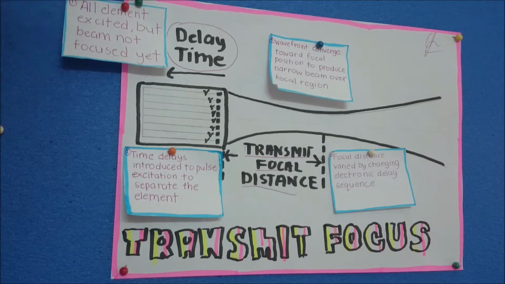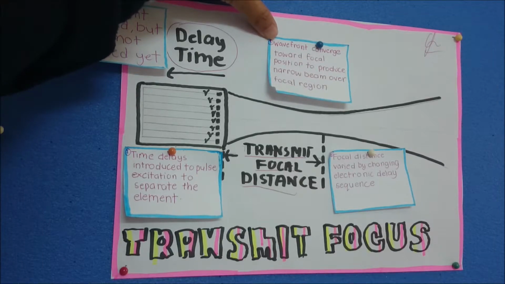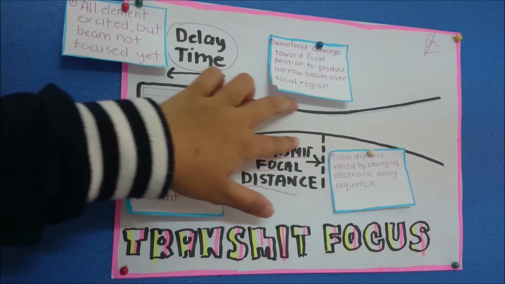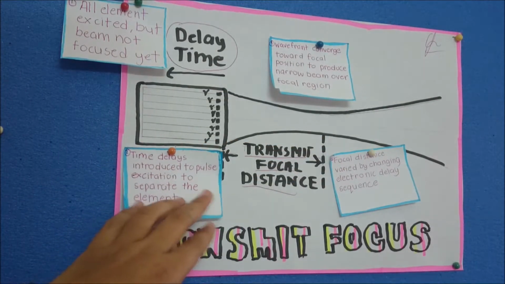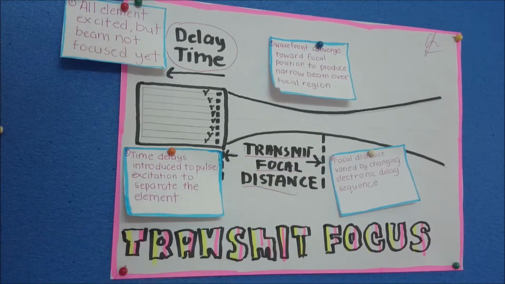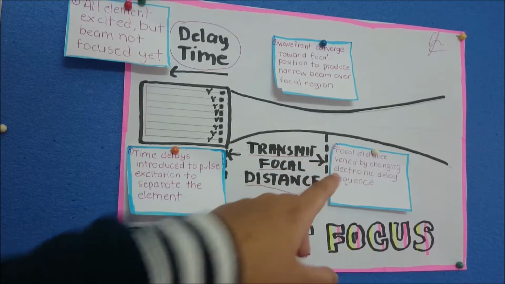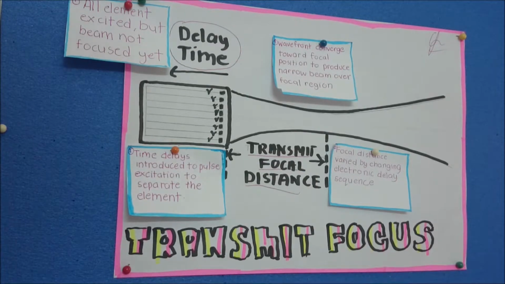And then, the wavefront will converge toward the focal position to produce a narrow beam over the focal region. This is the wavefront converging. This is the focal region, which is known as the transmit focal distance. Next, the focal distance can be varied by changing the electronic delay sequence.